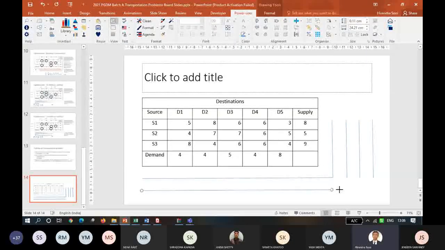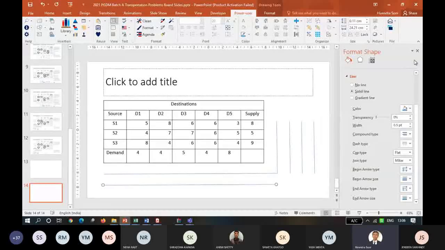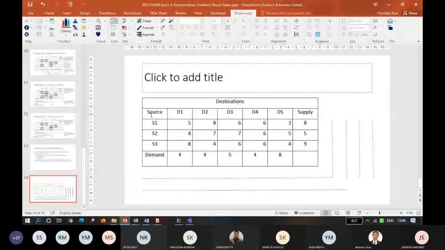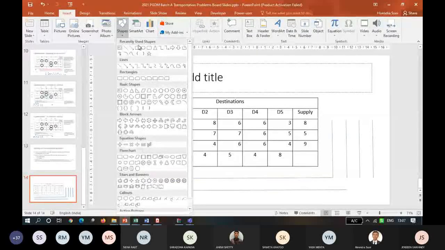This I am doing for identifying the penalty. We remember Vogel's: we identify the penalty first. So we'll start by calculating the penalty. Along the column, how much is the penalty? What is penalty?